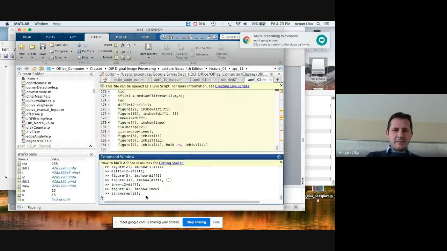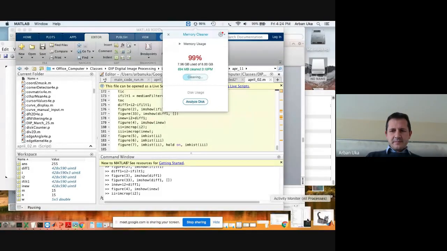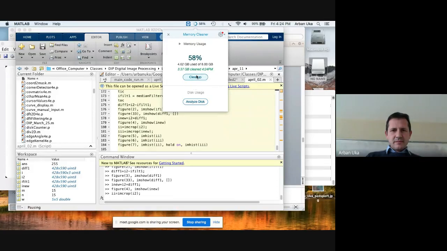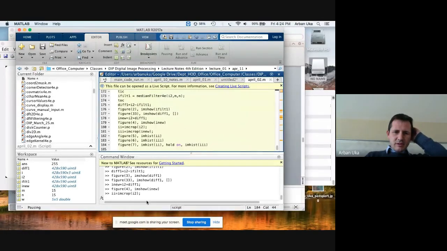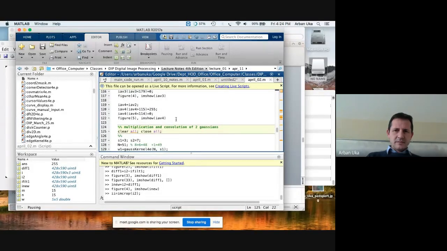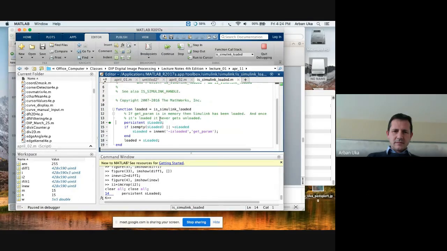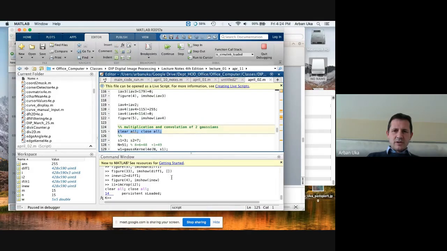This should not take this much. Is simulate loaded? Yes, it is. Okay, apologies again.